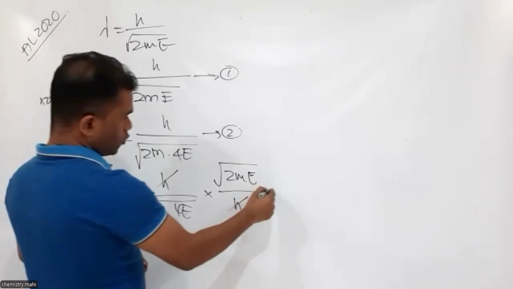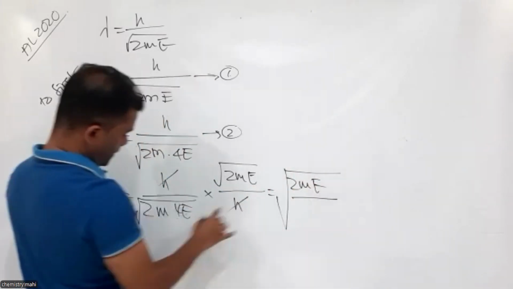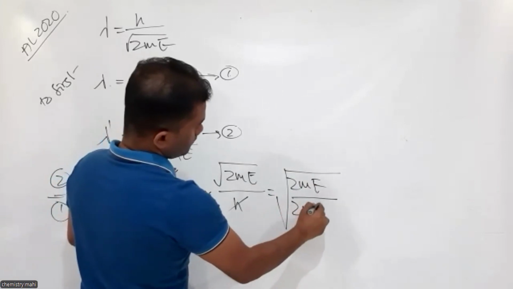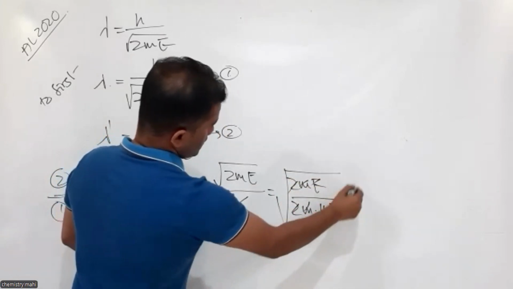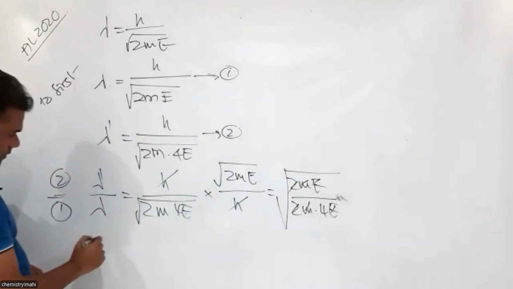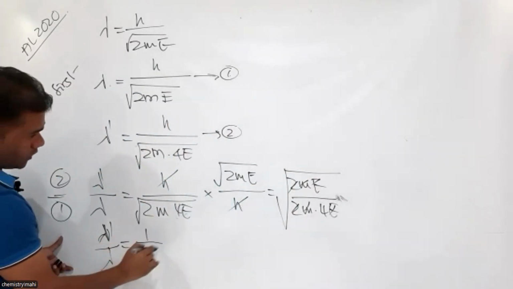We get the root part: root of 2mE divided by 2m4E. Then 2 cancels, m cancels, E cancels. Lambda dash over lambda is equal to 1 over root 4.